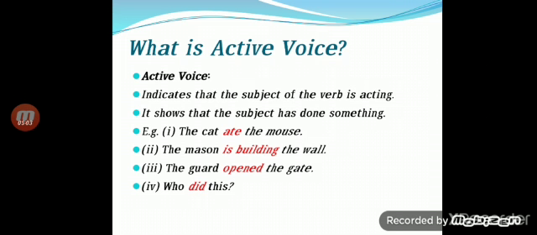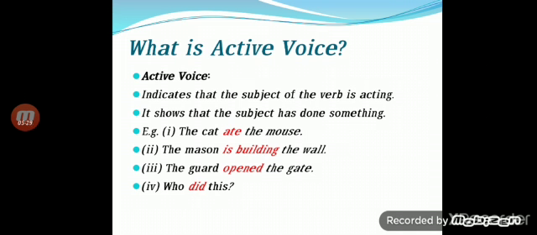So active voice shows that the subject has done something. So again see here, the subject, the cat, has done something. What does he do? The cat ate. Ate is the action verb. See the next example. The machine is building the wall.